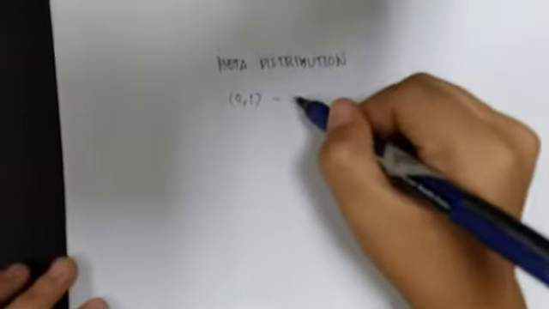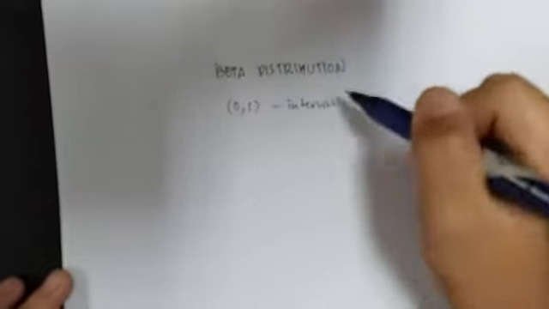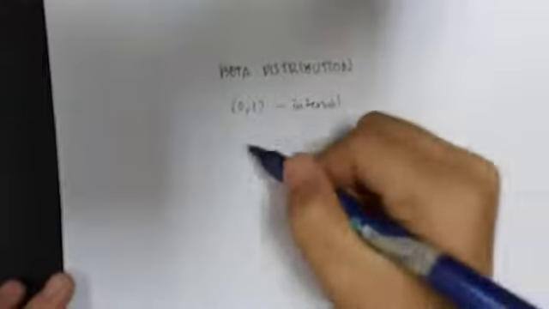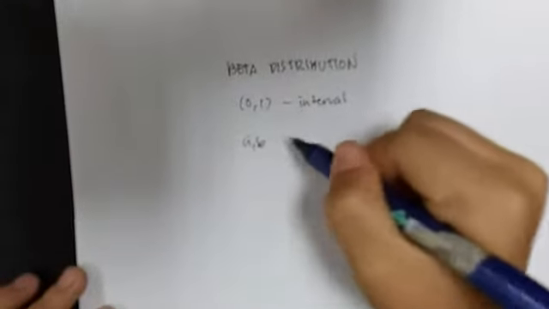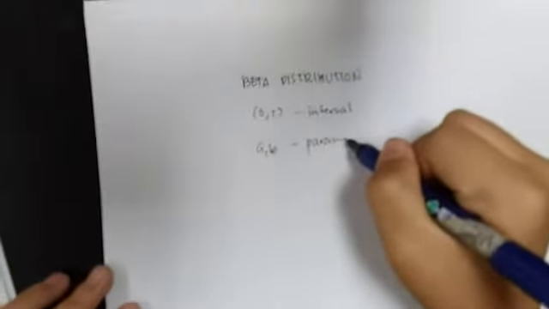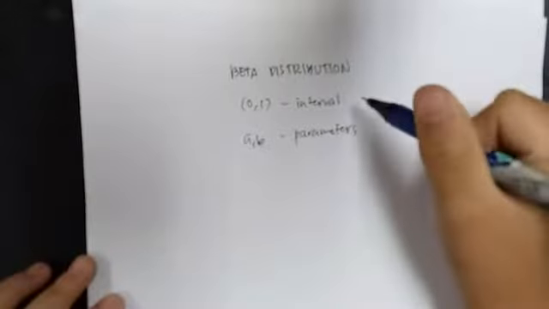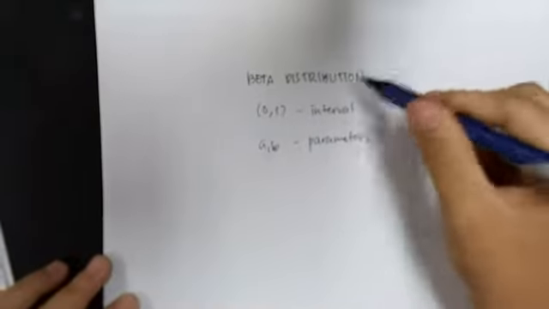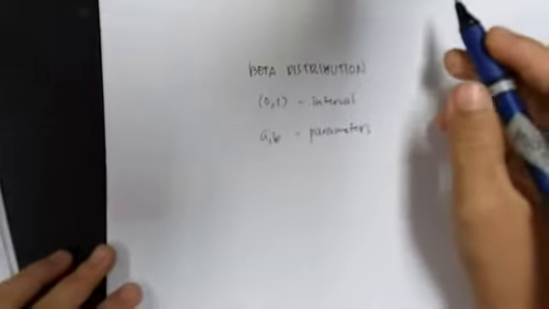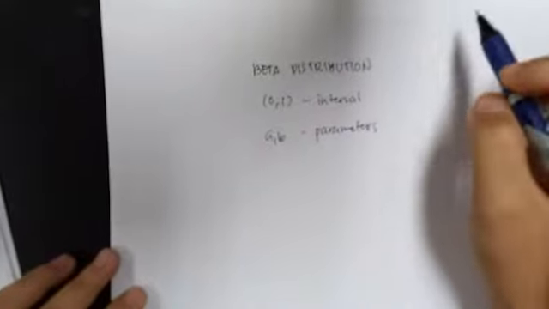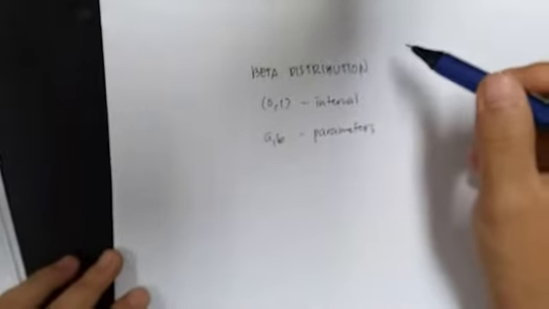So this is now your interval, with two parameters, a and b. These parameters appear as exponents in the expression of the beta distribution, and they control the shape of the distribution.